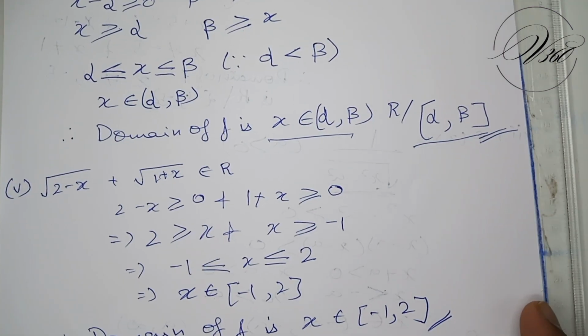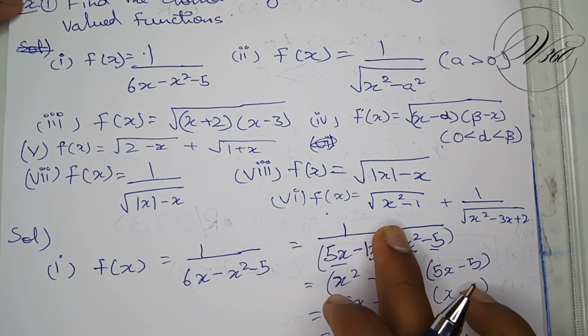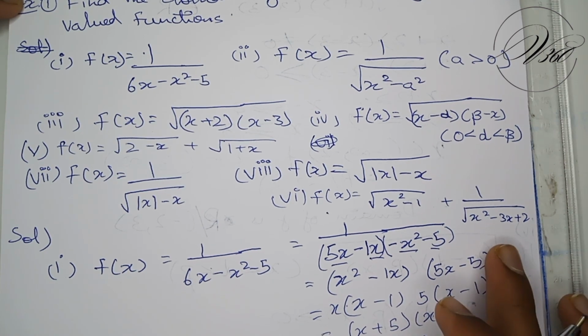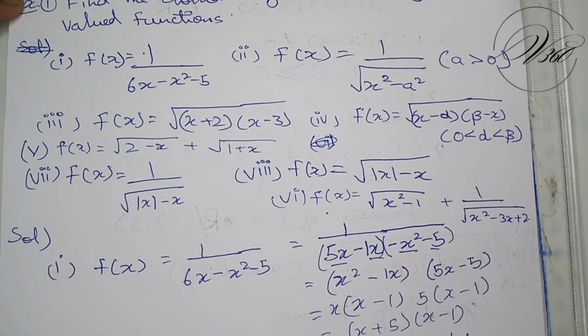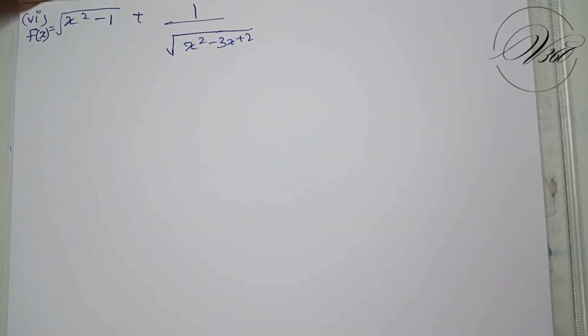Now we are going to do the sixth bit. That is f of x is equal to under root x square minus 1 plus 1 by under root x square minus 3x plus 2, that belongs to real numbers.